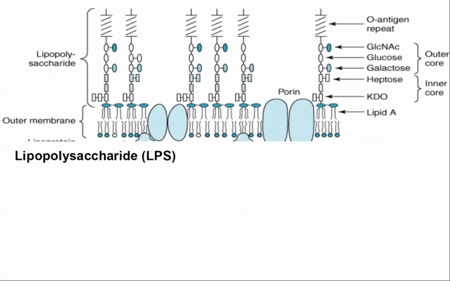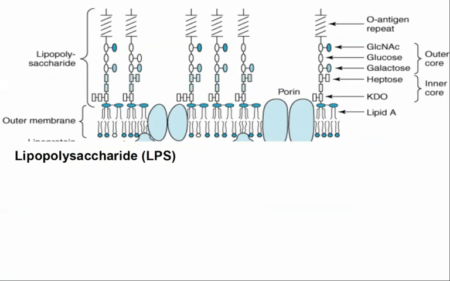Lipopolysaccharide, this is the next external structure that we need to think about. It's an essential component of the outer membrane of all gram-negative bacteria. As I may have mentioned before, the outer membrane of a gram-negative bacterium isn't composed of ordinary phospholipid.